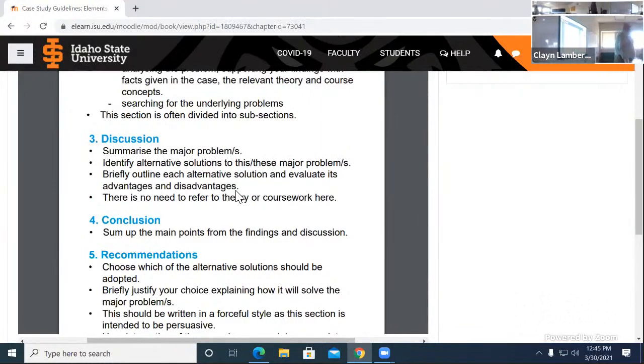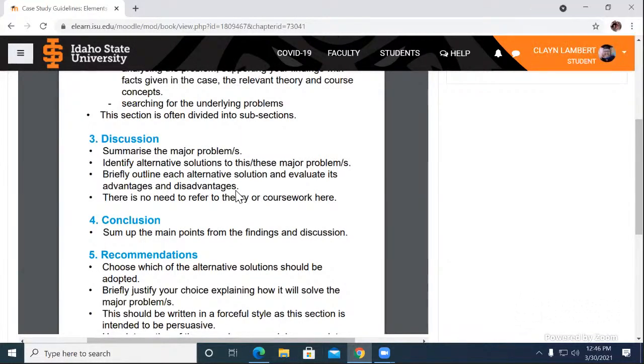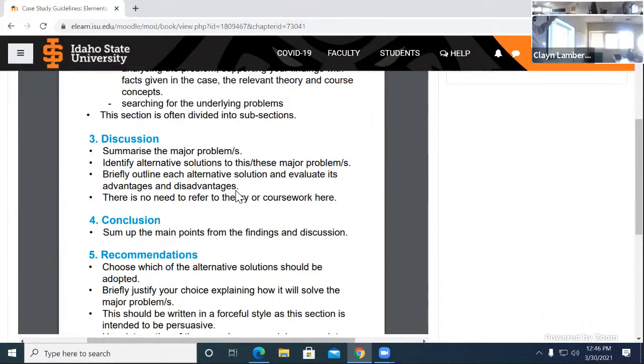Now remember what I just talked about. We identify all the problems in the case. That's in the findings section. What am I going to do now? State the biggest problem that you're going to be talking about. Narrow all of those problems. Which one of these am I going to focus on and why? What makes this the key problem of all of the ones I identified?